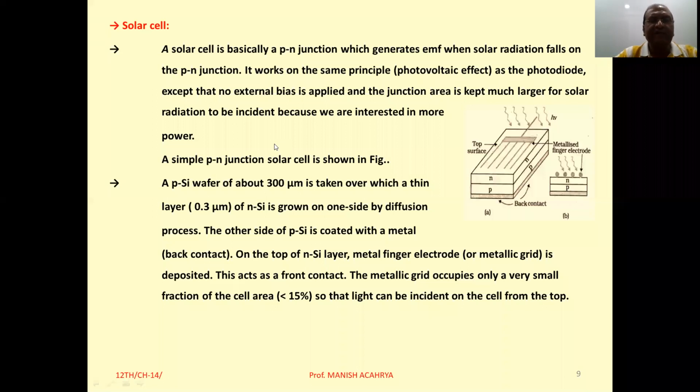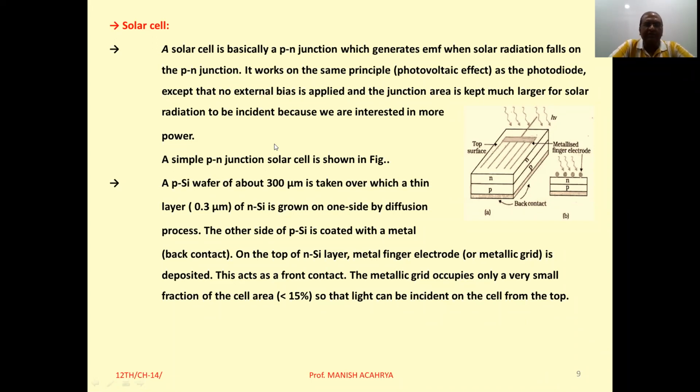Now the solar cell. A solar cell is also a PN junction diode which generates EMF when solar radiation falls on the PN junction. It implies that its function is like a photodiode. So we can say the photodiode and solar cell both work on the same principle.